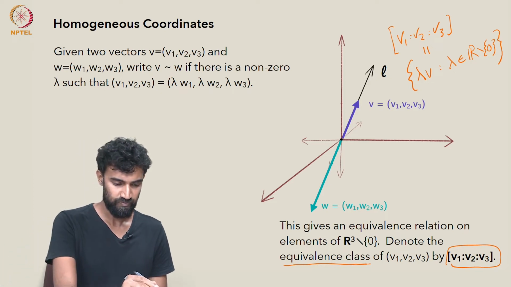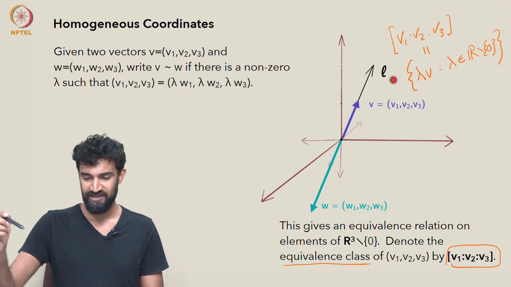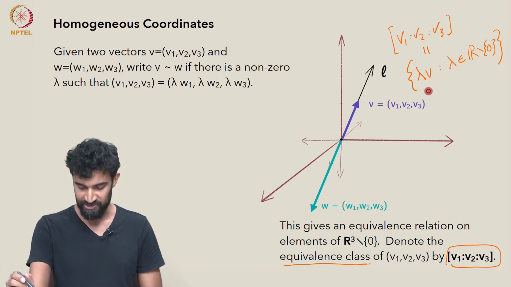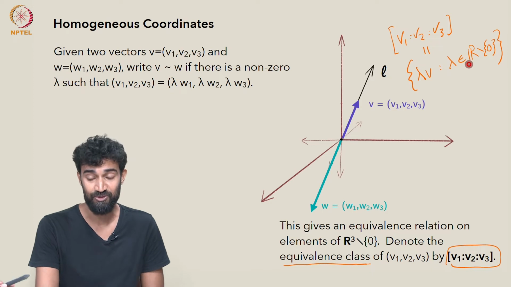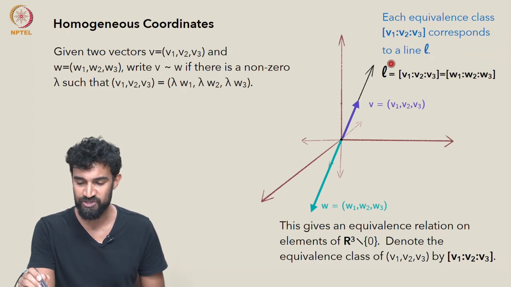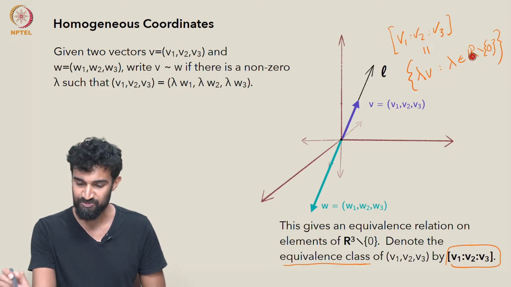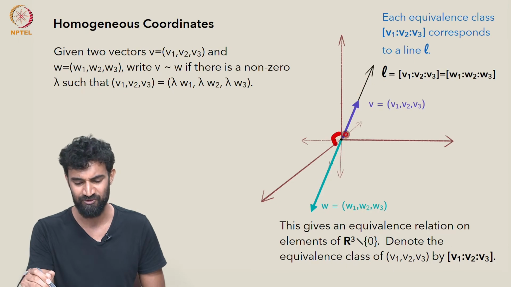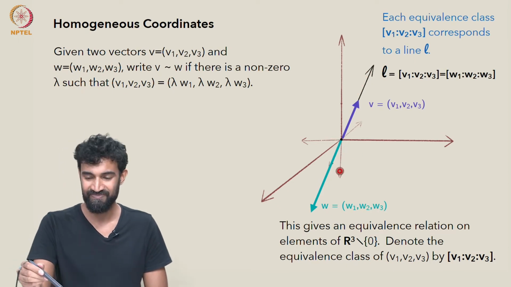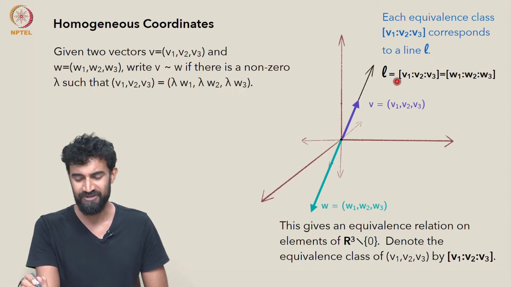That's another way of writing this equivalence class. It's just the set of all non-zero scalar multiples of v. So each equivalence class really corresponds to a line L, because that set of all scalar multiples gives us all of L, except of course for the origin, but that's okay. So this corresponds to our line L, and we'll equate them.